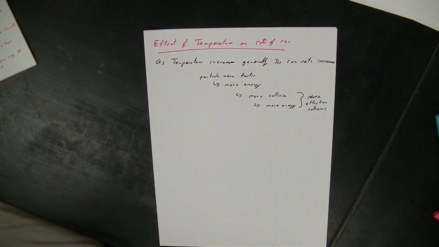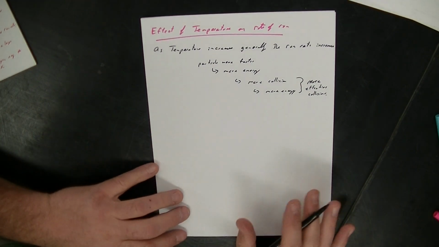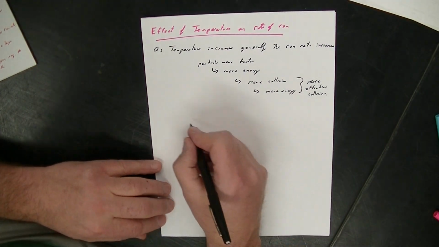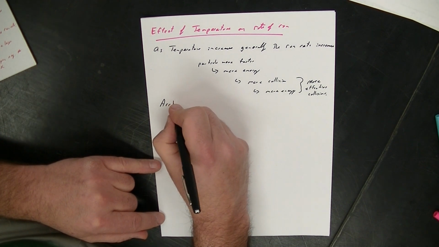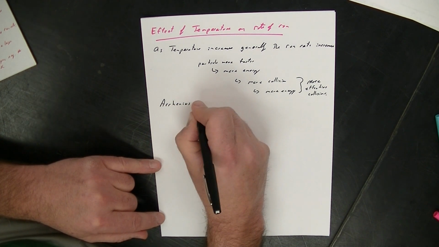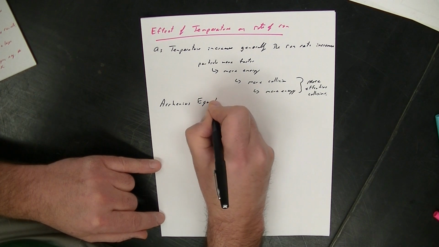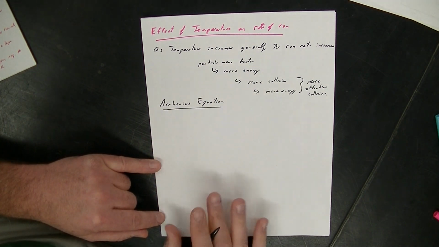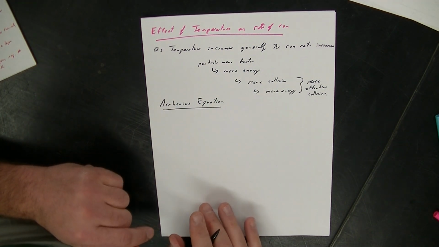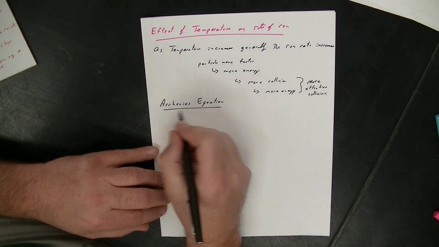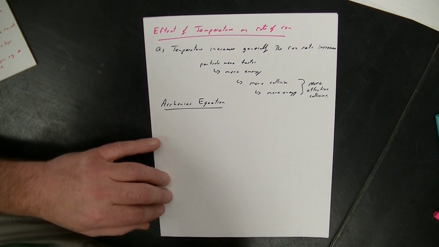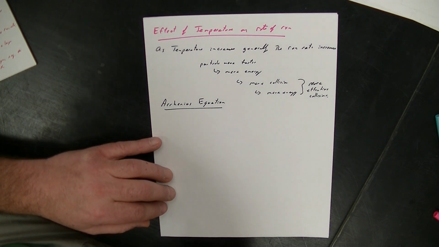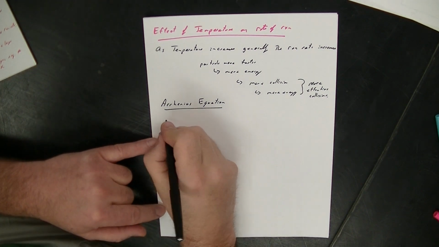Now, there's an equation, and it's called the Arrhenius equation. What the Arrhenius equation does is give the relationship between the rate constant K and temperature.